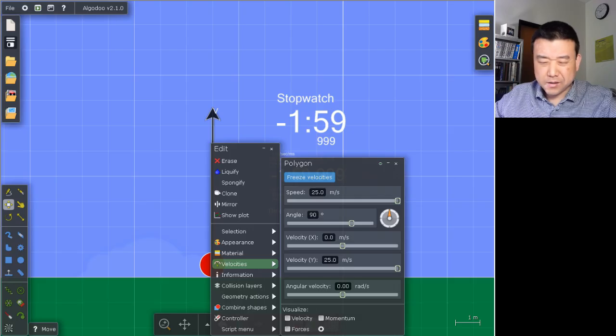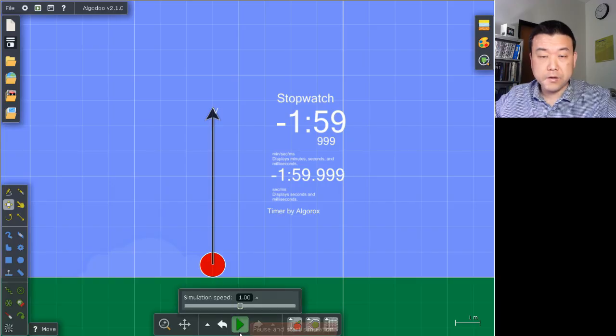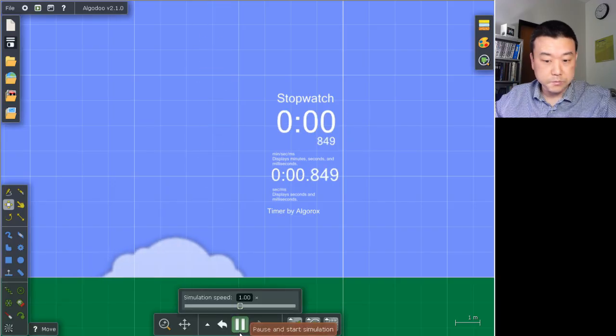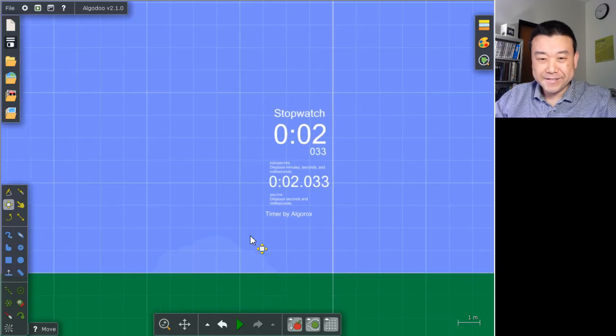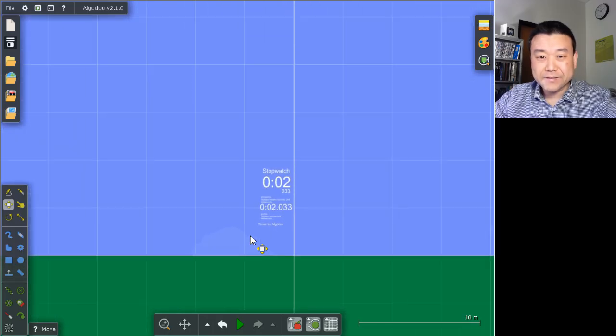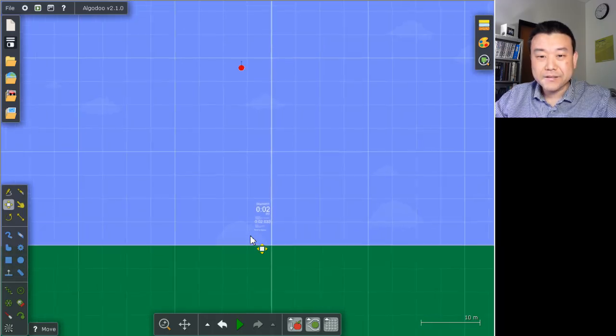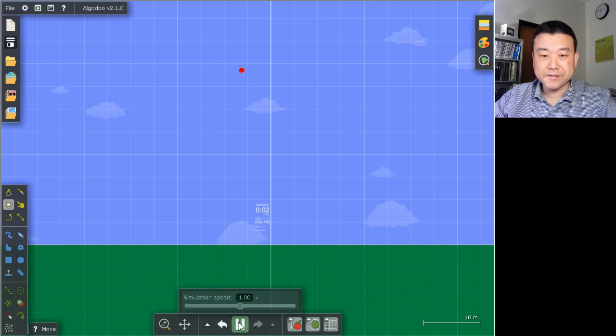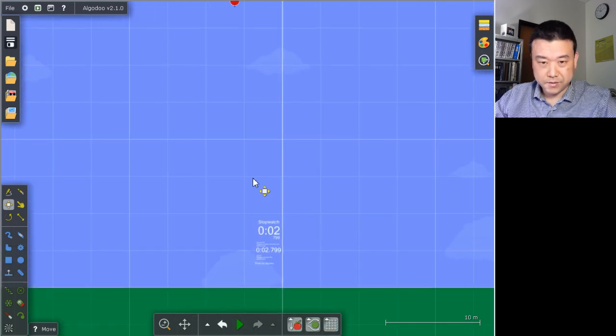I think the problem gives a larger velocity than that, but let me just do it at 25 meters per second. Then when I run the simulation, oops, that's too fast. Let me zoom out. All right, that seems better. I think I can zoom in a little more.